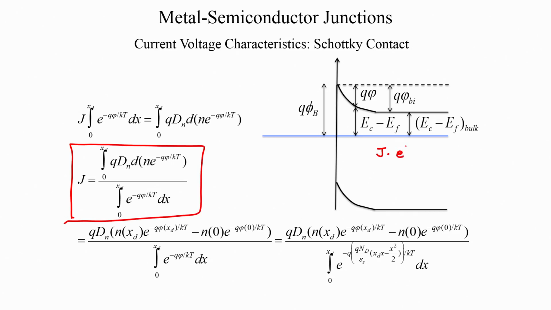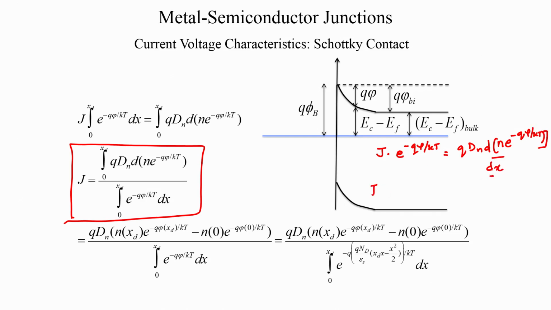e to the power minus q phi by k t was equal to q dn d of n times e to the power minus q phi by k t by dx. So, we are taking the dx to the other side.